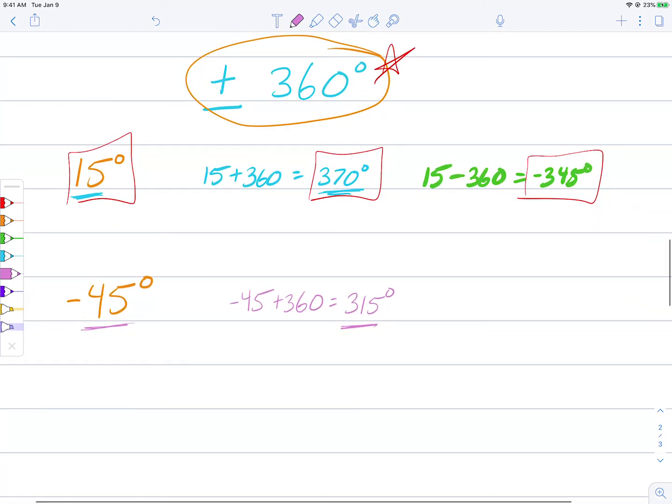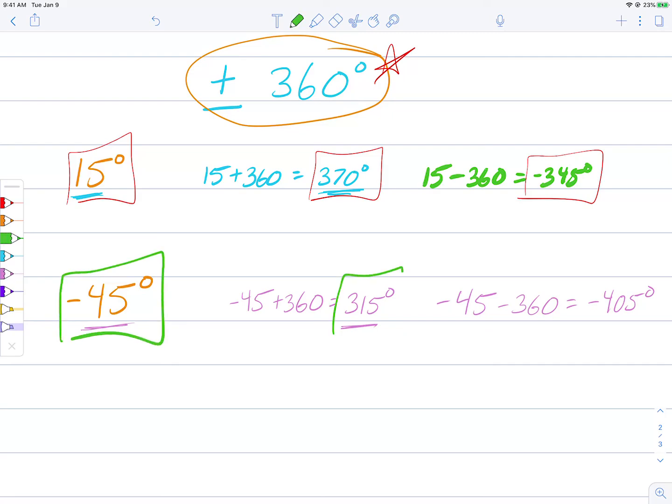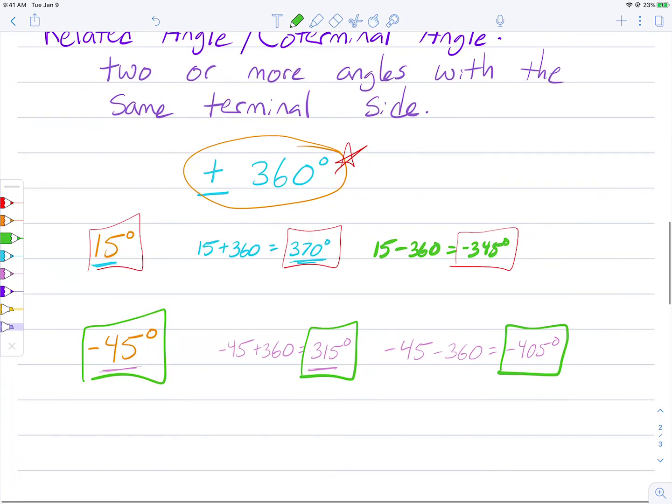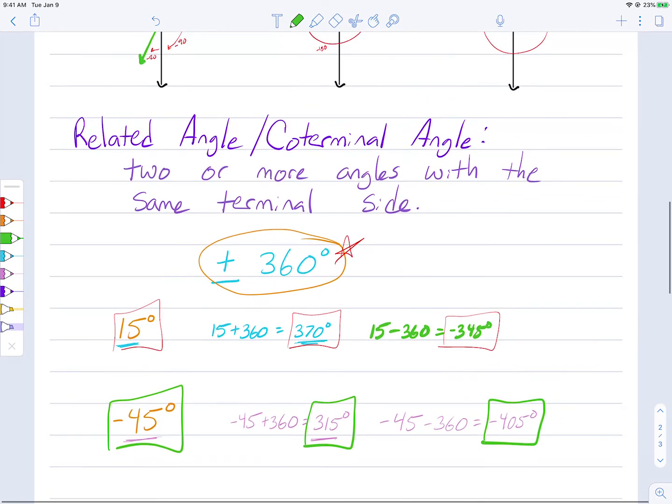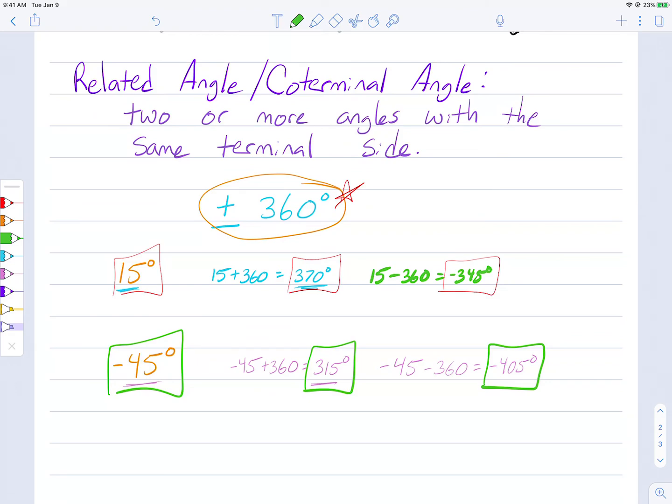Now, if I just continued going clockwise, going backwards, and I subtracted another 360, I went back another full circle, I would be at negative 405 degrees. So these three angles are all coterminal. They end up at the exact same spot. They're related angles. They look exactly the same. So that's how you're going to figure out if angles are related or if they're coterminal: plus or minus 360 degrees.